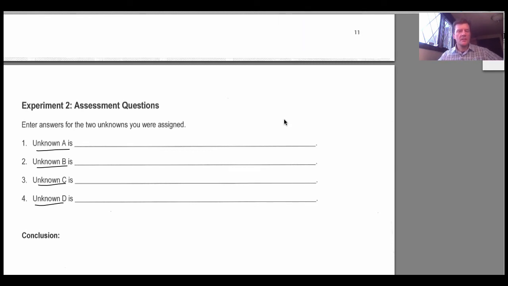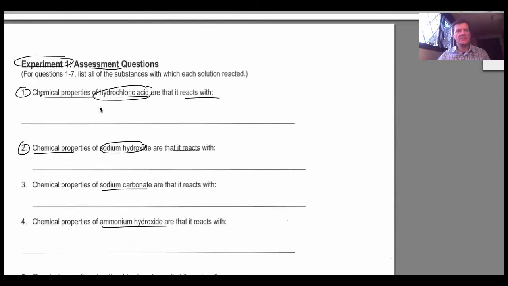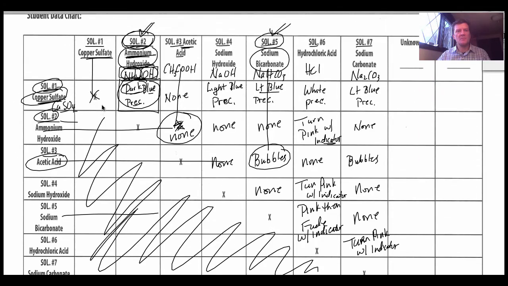So, if you are given unknown A here, let's say I give you unknown A, and I tell you we're going to first combine it with copper sulfate. Copper sulfate maybe is the first one to test, because remember, it has a lot of things that it reacted with. Let's look back up at our table. Copper sulfate produced a precipitate with a lot of different solutions, actually 2 through 7, except for number 3.